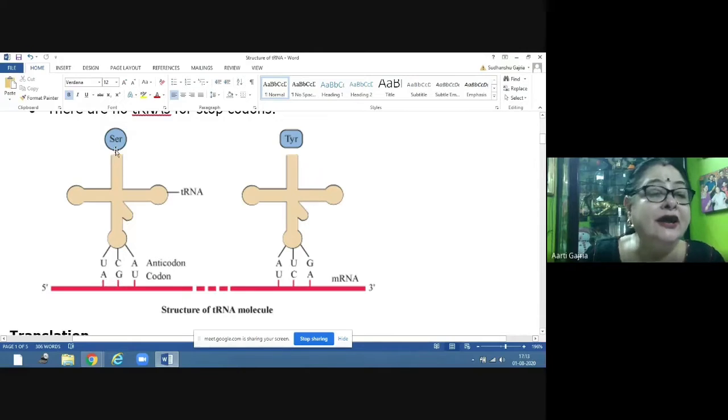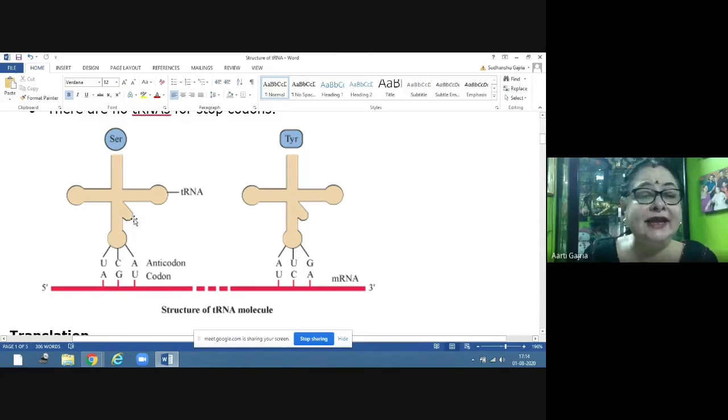Now here you will find the amino acid which is for this code AGU. AGU is for this amino acid. UCA is for this amino acid. So whatever amino acid the messenger RNA is coding for, the anticodon will be brought by the transfer RNA.